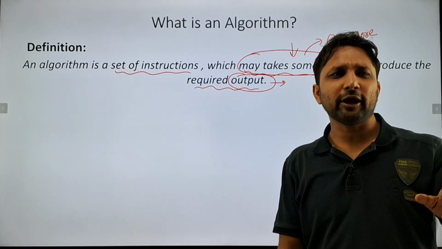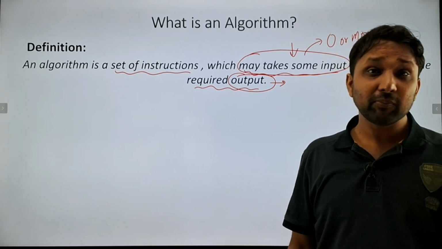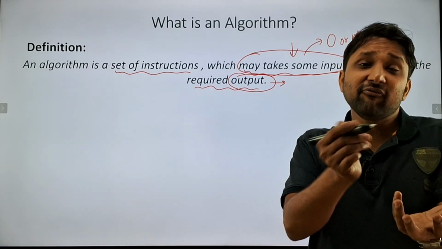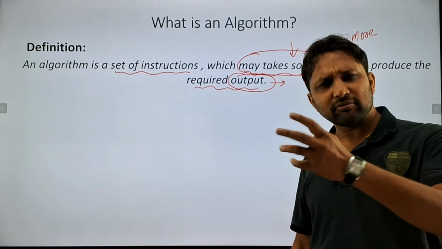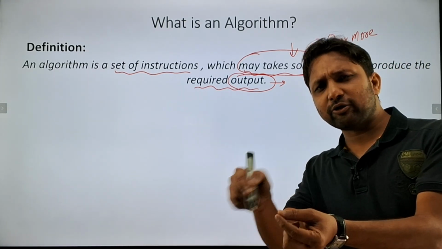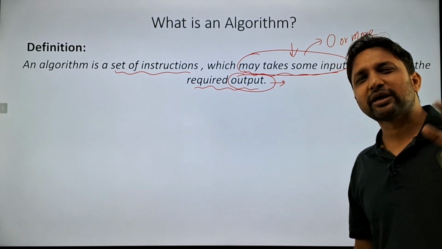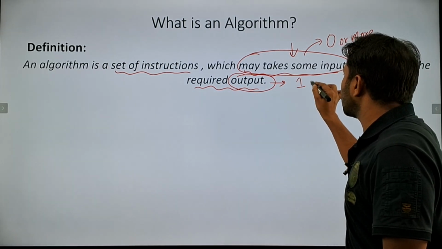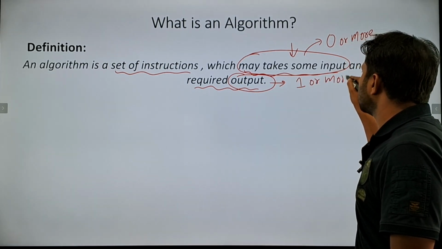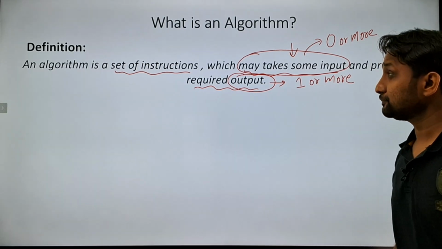It might happen that they don't want to display things, but the data will be processed and they want the data to be stored in some database. That is also output if we are storing the data into a database. So output is compulsory for every algorithm. So I can write one or more outputs. So these were the two important properties of the algorithm.